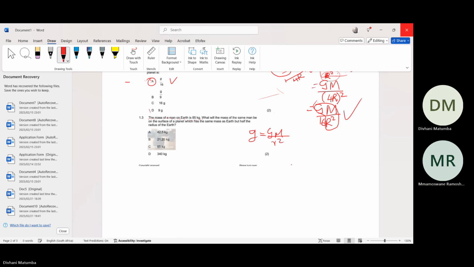Okay. g equals G, which is 6.67 times 10 to the power negative 11, multiplied by 85 over half of Earth's radius.